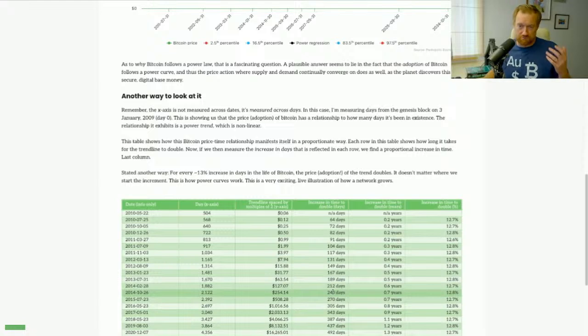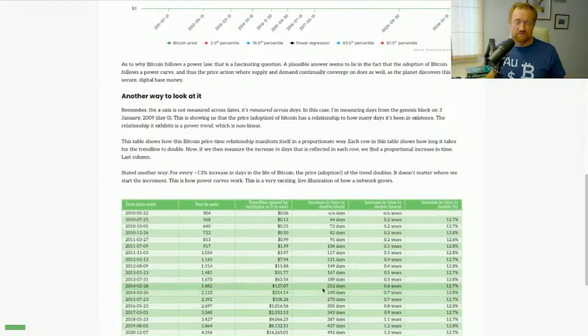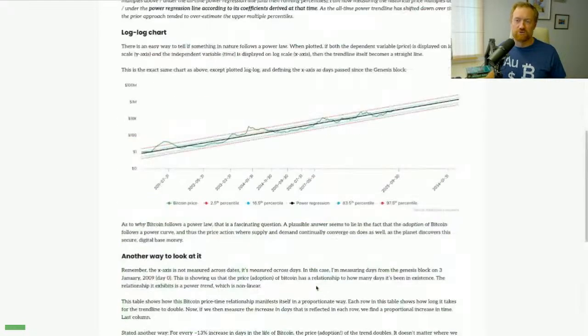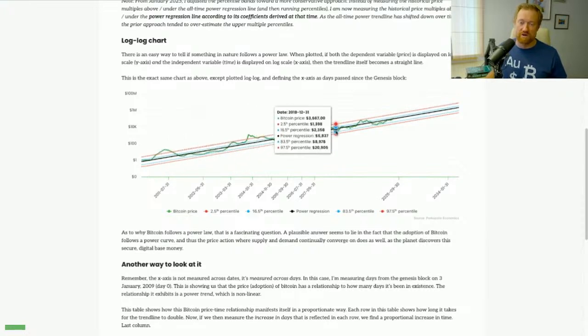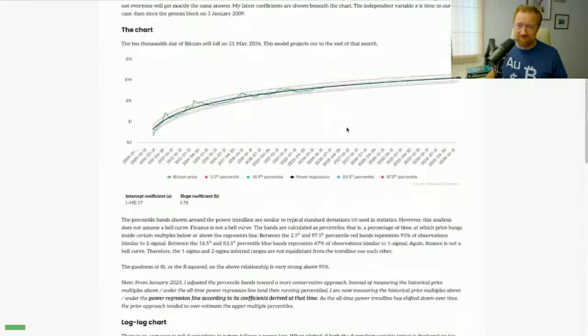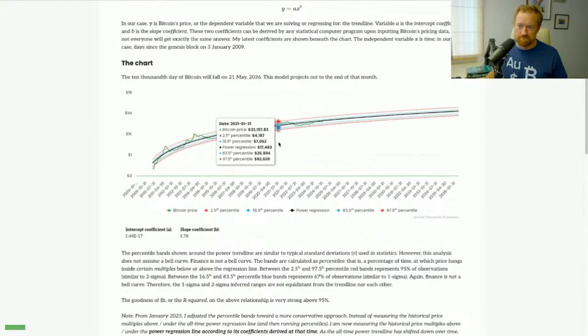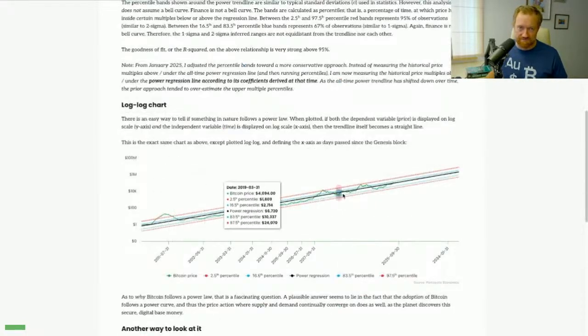And another way of saying the price curve, of course, is adoption. And that's what I think we're really observing here. It's not necessarily the protection of your purchasing power, even though I fundamentally agree that, of course, Bitcoin protects your purchasing power way better than any other asset in the world. And it's a blessing from Satoshi, for sure. It's a wonderful invention.